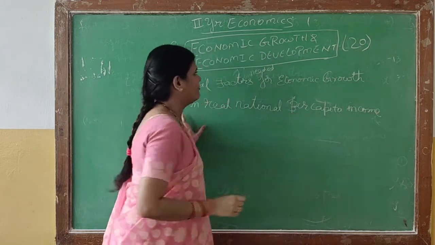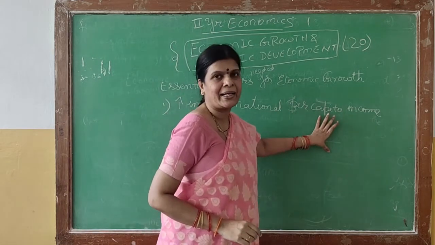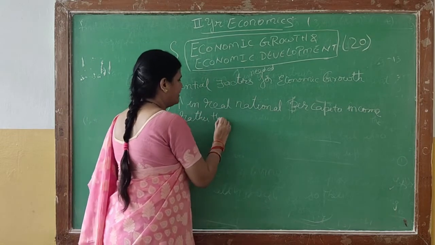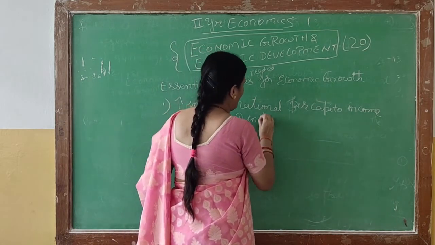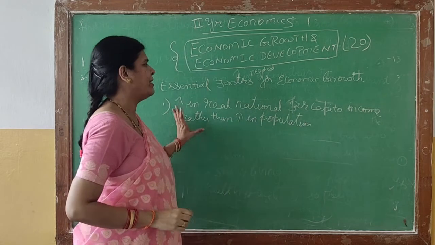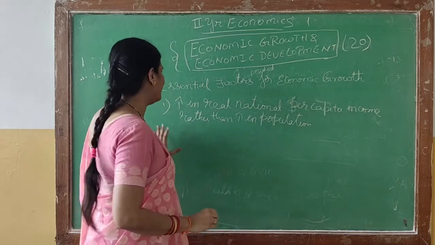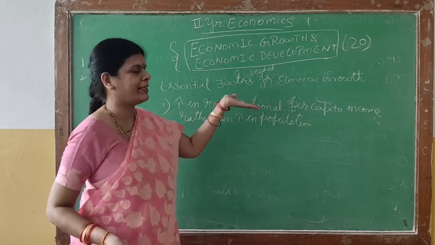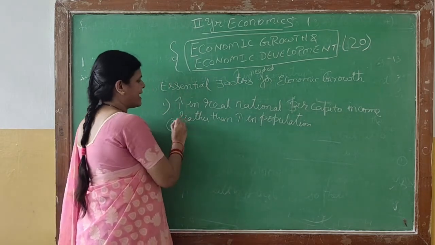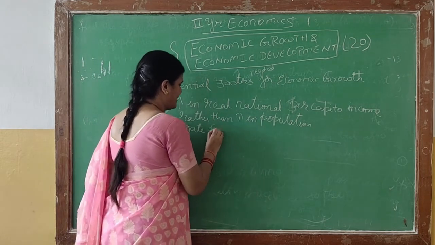If there is economic growth, there will be increase in national per capita income rather than increase in population. Even though there is increase in population, there should be increase in per capita income. When can this be achieved? When there will be increase in per capita income, this aspect takes two things into consideration. First, rate of savings.